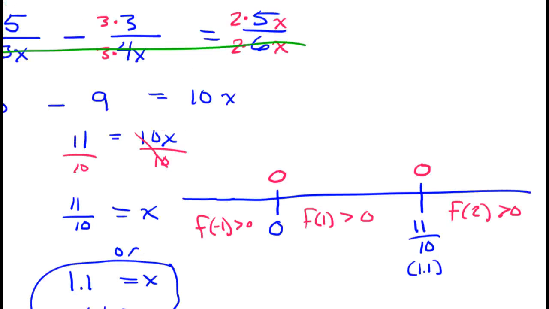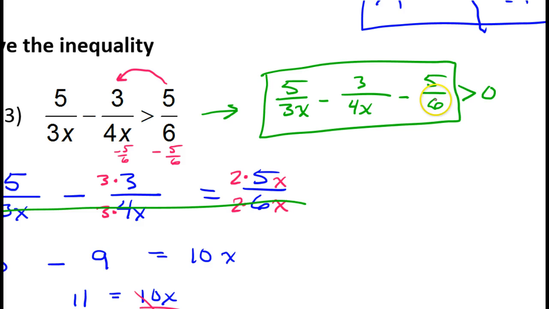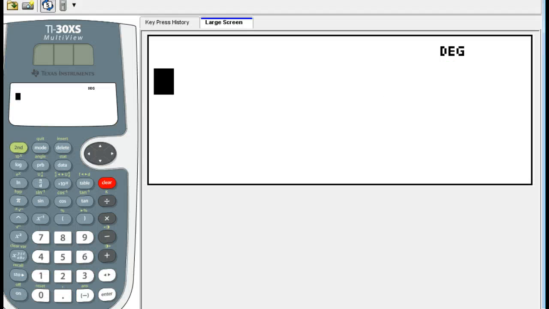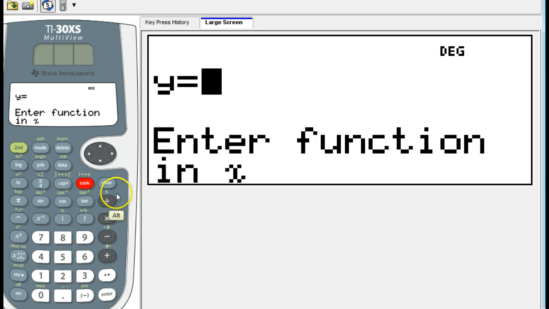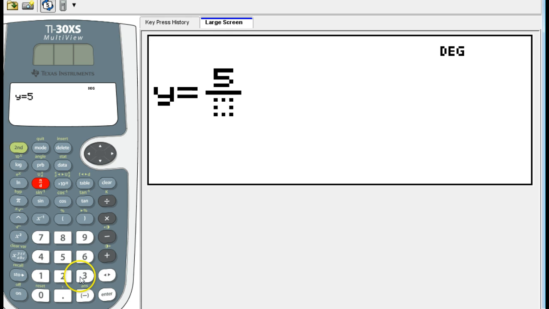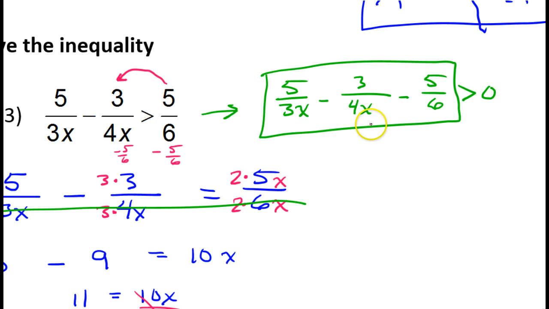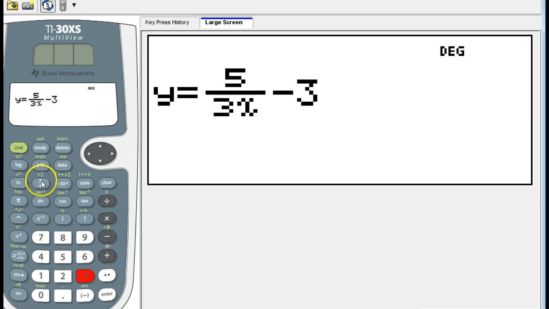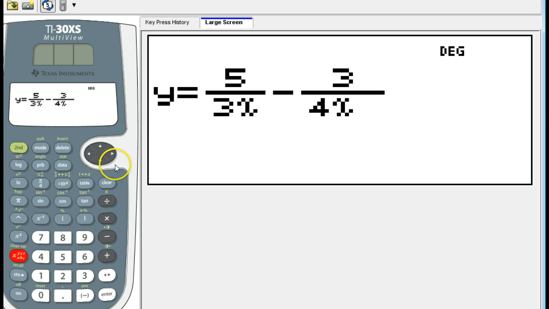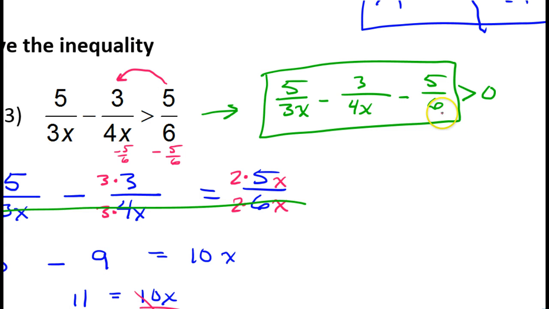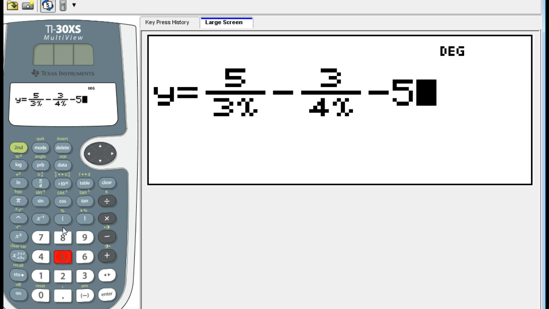So like I said, I'm going to put this into my calculator in the table feature. So hit table, and I've got 5 over 3x, and then I've got minus 3 over 4x, and then minus 5 over 6.